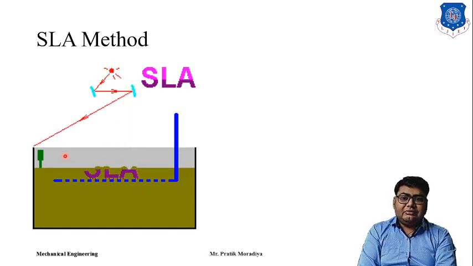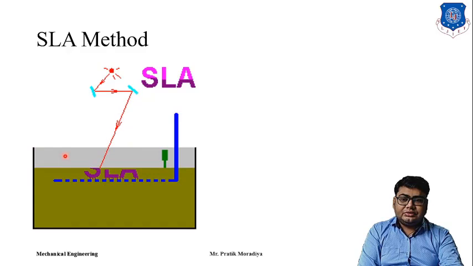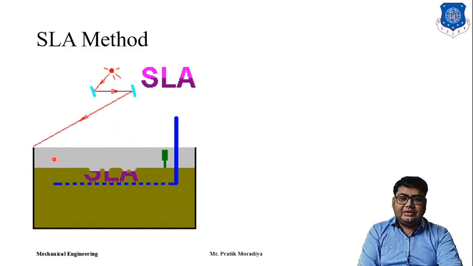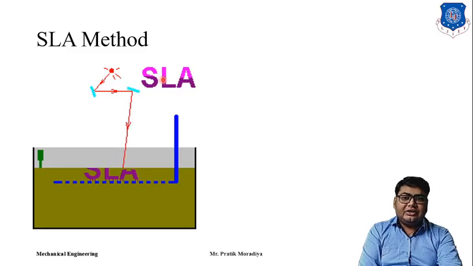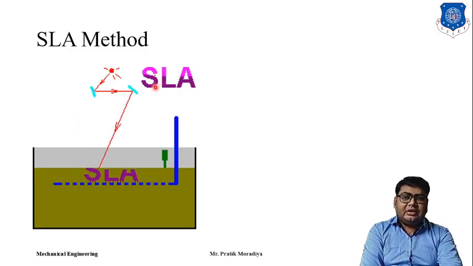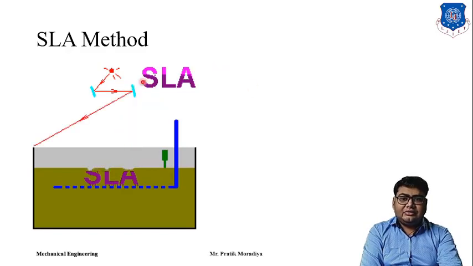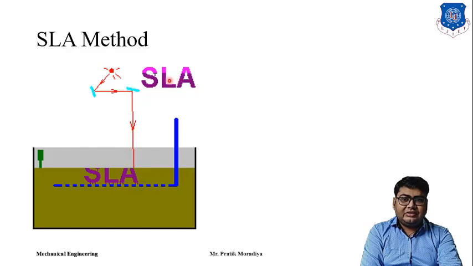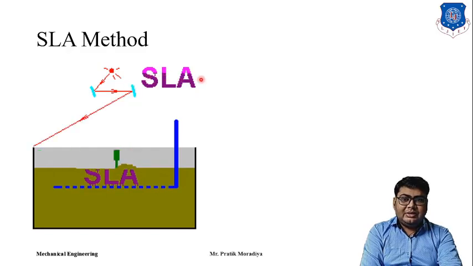Now, how does the SLA method work? To give you a very simple idea, you will have an STL file. STL is simply a layer by layer file. Here you can see a layer by layer simplification in which every layer built will turn into a darker color.